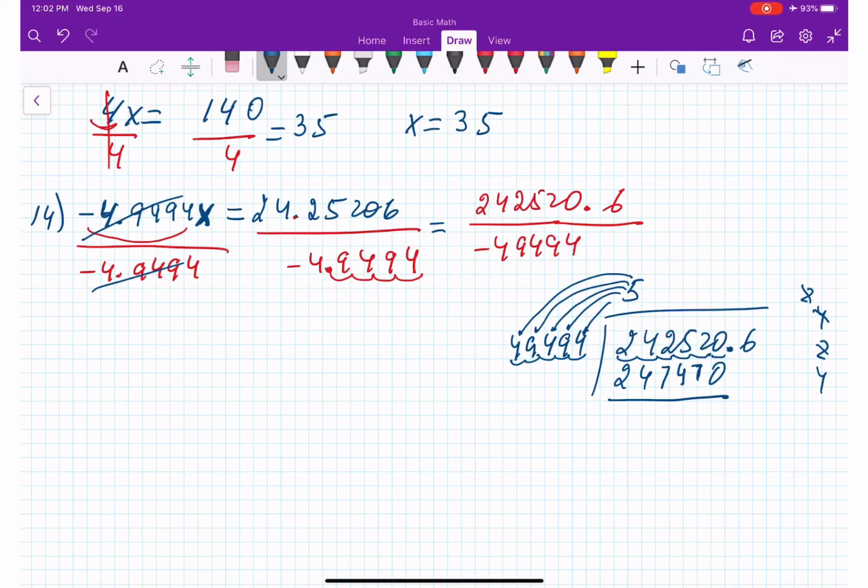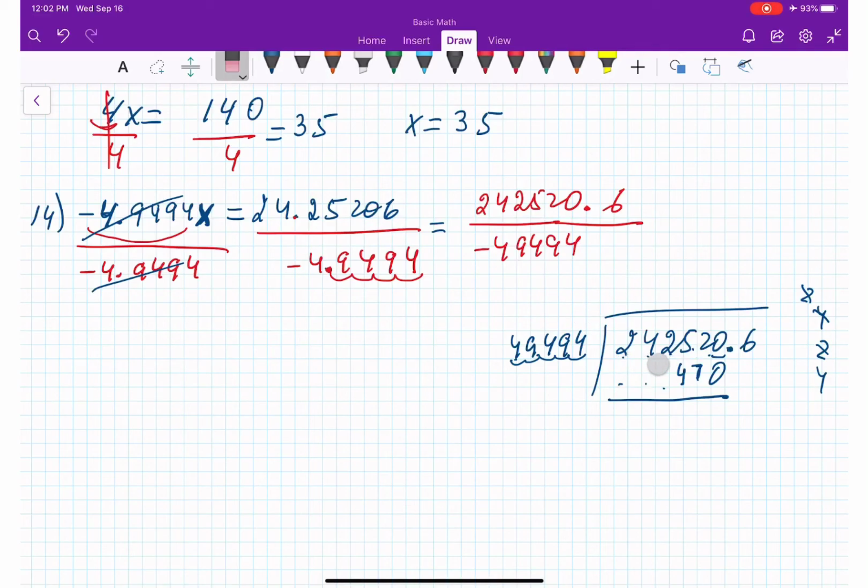So, wow, we are getting a bigger number than 24,000. We are getting 2425, we had 2474. So it's a bigger number, which means 5 is too much. So we are going down, taking 4.